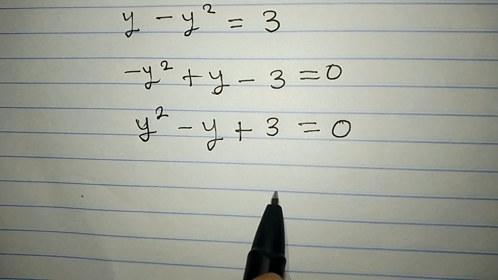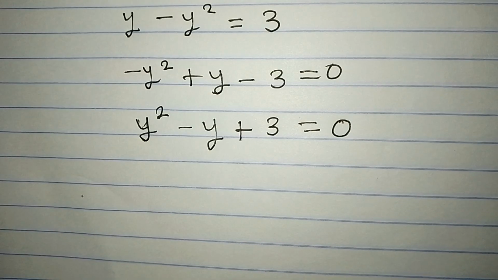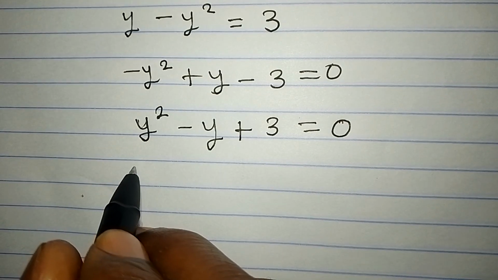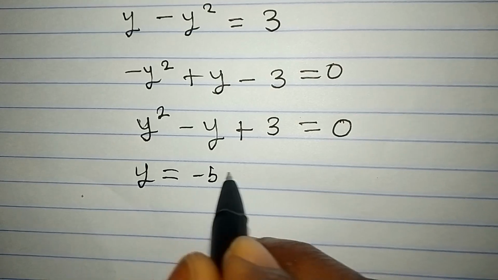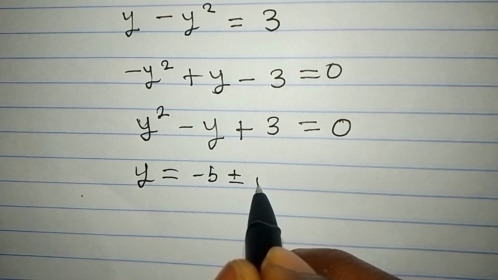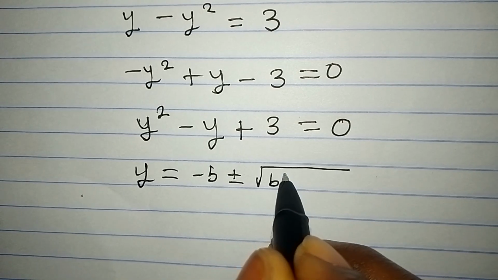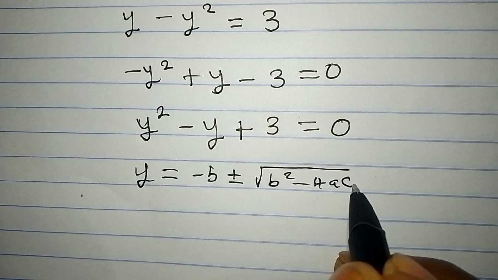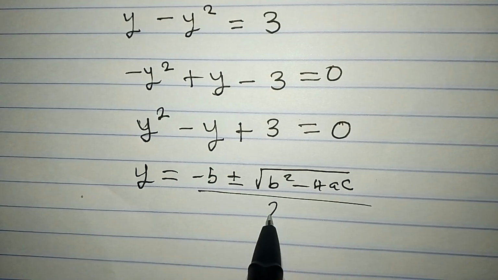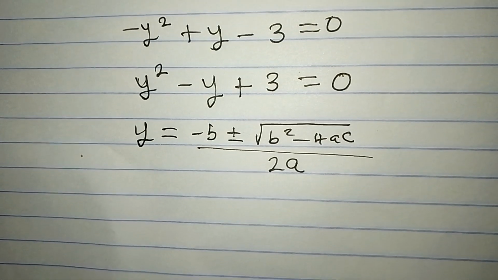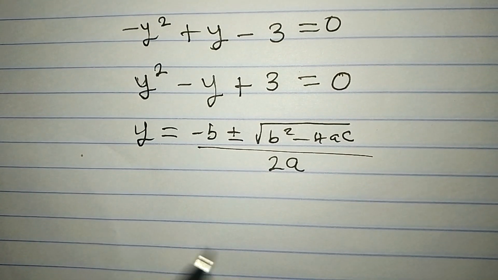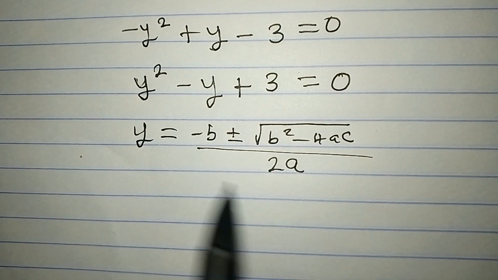Okay, so this will be difficult for us to factorize. So we use the formula method to deal with this. Our y will now be equal to minus b plus or minus square root of b squared minus 4ac all over 2a. Our a is the coefficient of y squared, and it's 1.